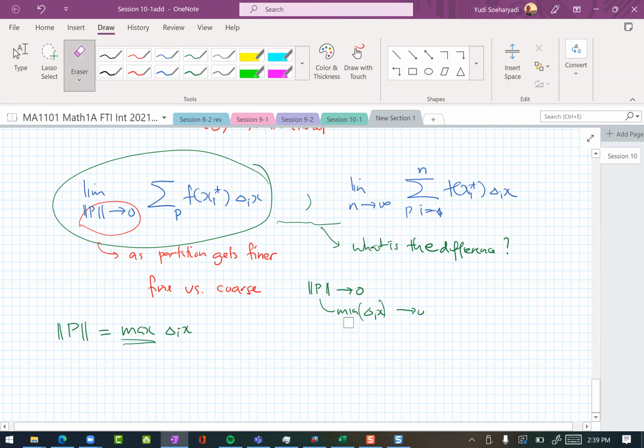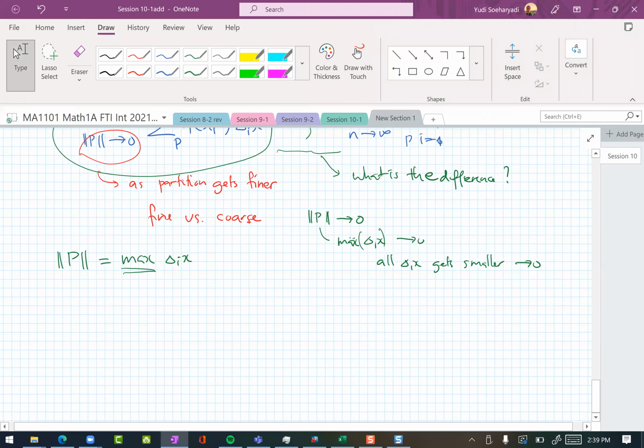Okay. If the max goes to 0, then everything else goes to 0. Everything gets smaller and smaller. So all the delta x get smaller, going to 0. And if they are smaller, that means you have lots and lots of these, many of them.